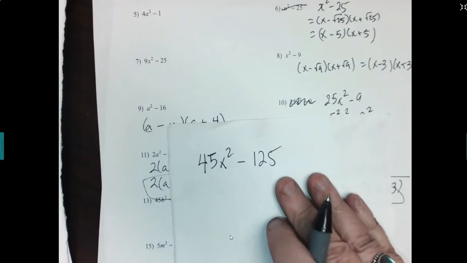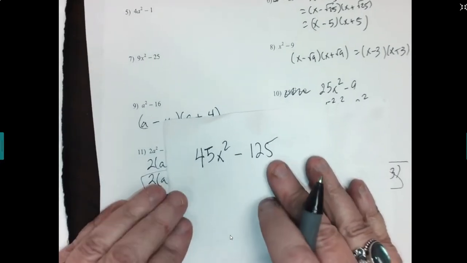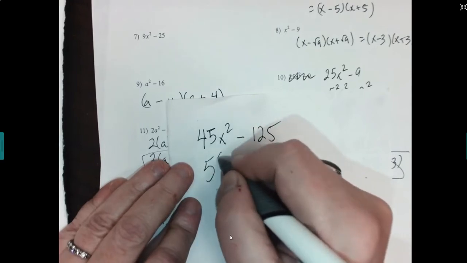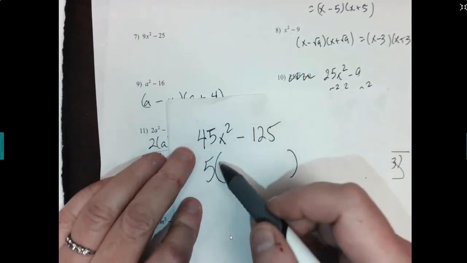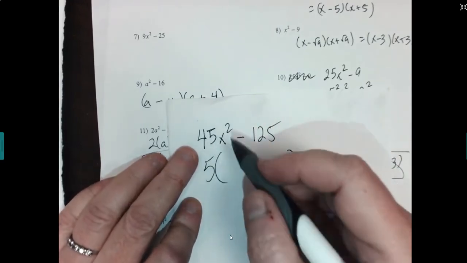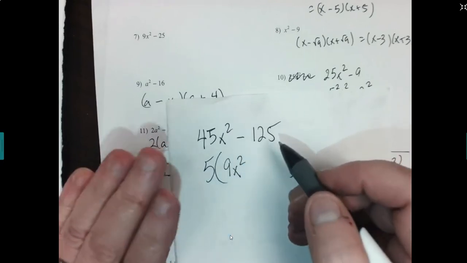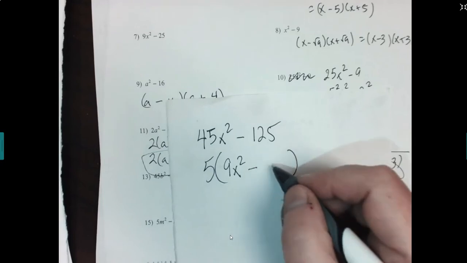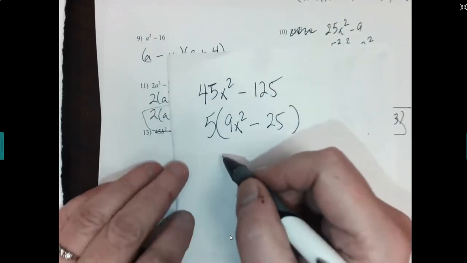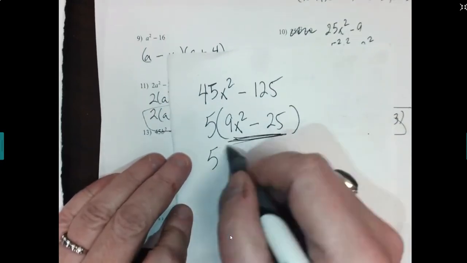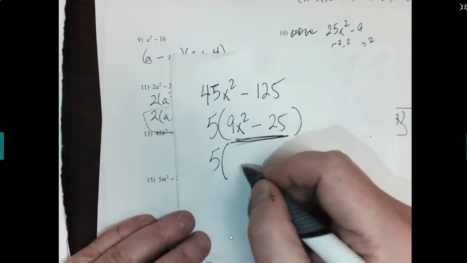Okay, first thing that I notice is both of these are divisible by 5. And so I'll factor out a 5. 45 divided by 5 is 9. And then 125 divided by 5 is 25. And so now that is what I'm going to rewrite.